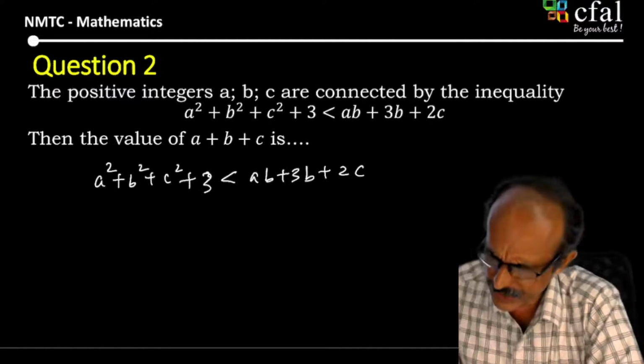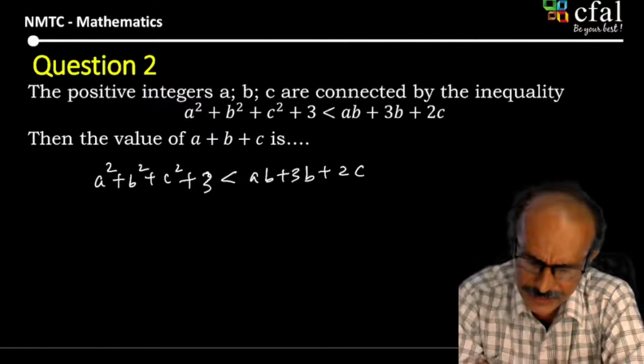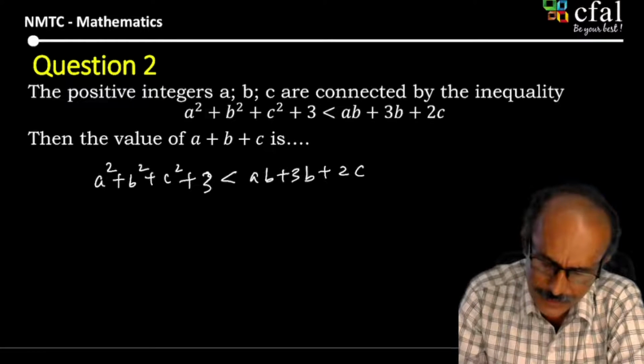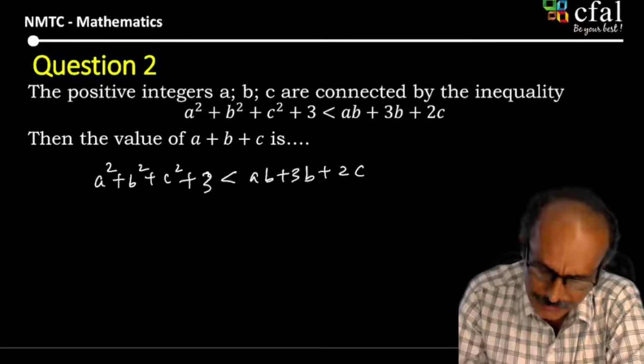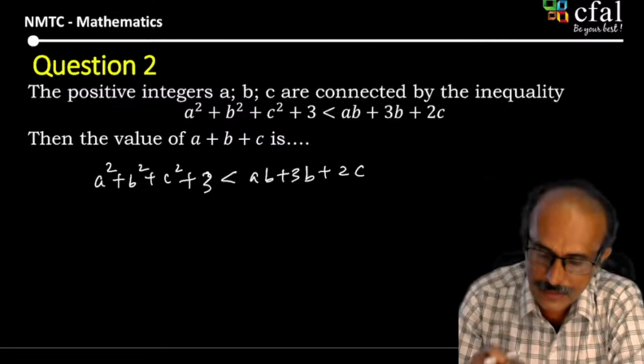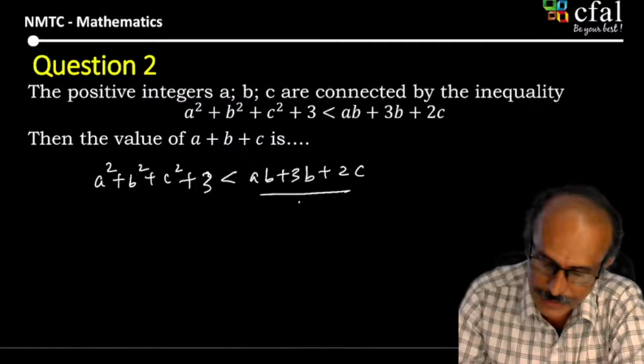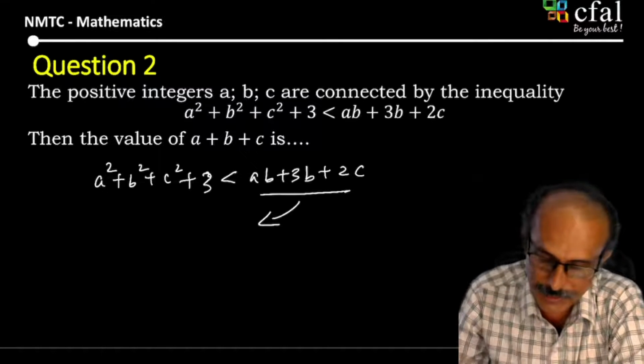What we try to do is we rewrite this so that it is very convenient to focus on the possible values of a, b, c, right? So you can shift the right hand to the left hand side, try to factorize, something like that.